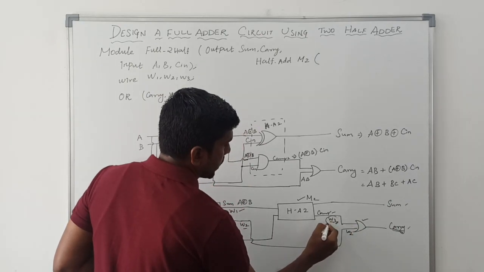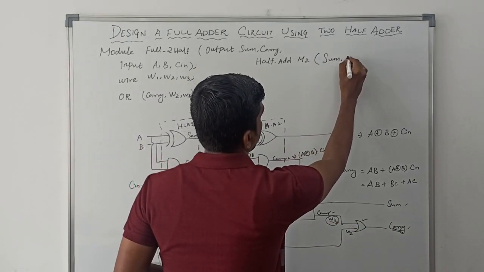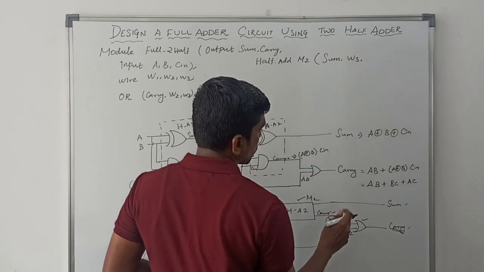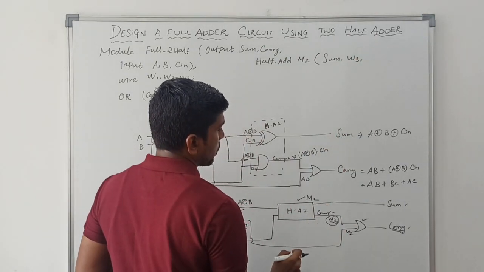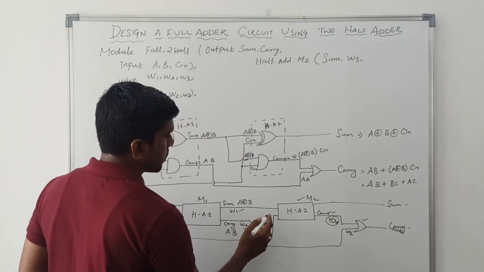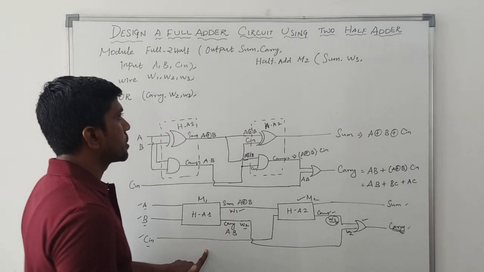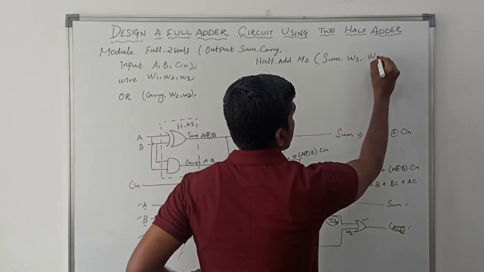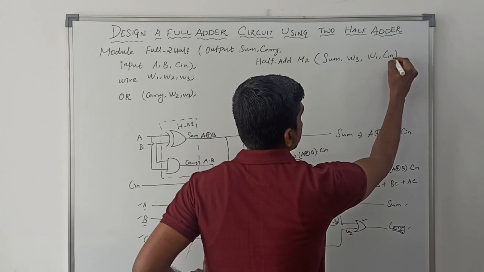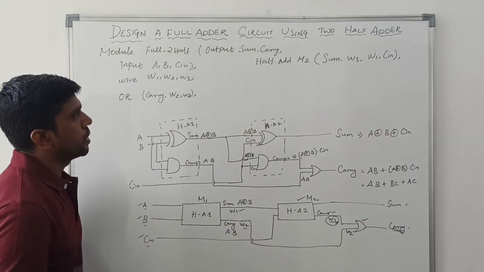This carry is the wire signal W3, so here write sum comma W3. These 2 signals are the outputs of M2. Now I am writing the input signals for half adder 2. The input signals are W1 and Cin.